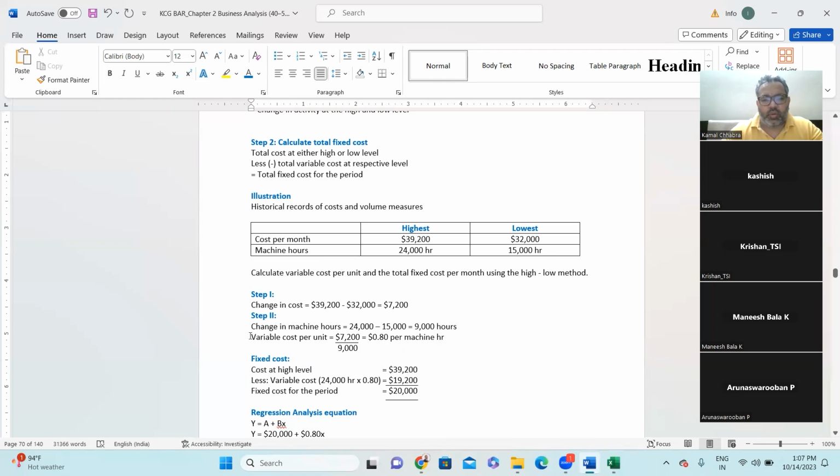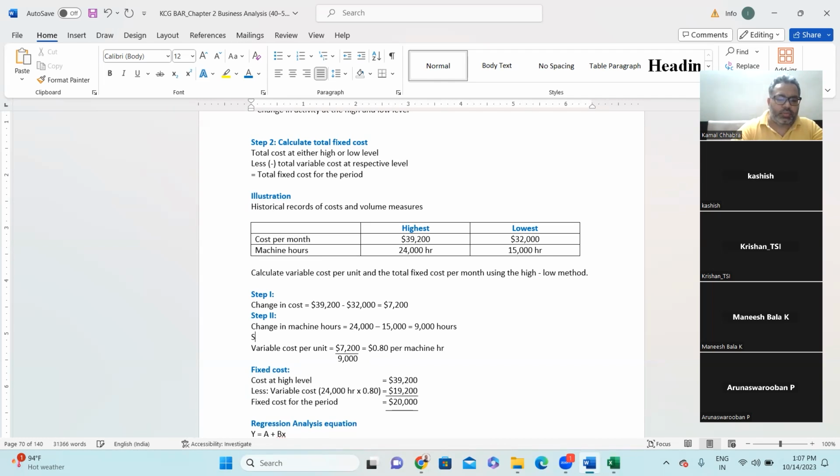Right? So step 3 is your variable cost calculation. Variable cost is change in cost divided by change in hours, that is 80 cents per machine hour. Yes, sir.